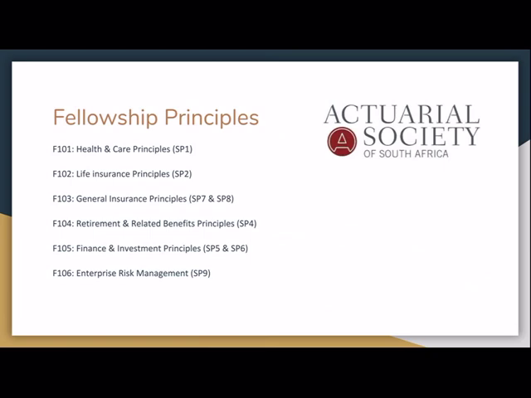You can see the one disadvantage you have here is that you will need to study a whole lot for the F103 exams and F105 exams, because they are combined. These are two exams of the Institute and Faculty of Actuaries combined.